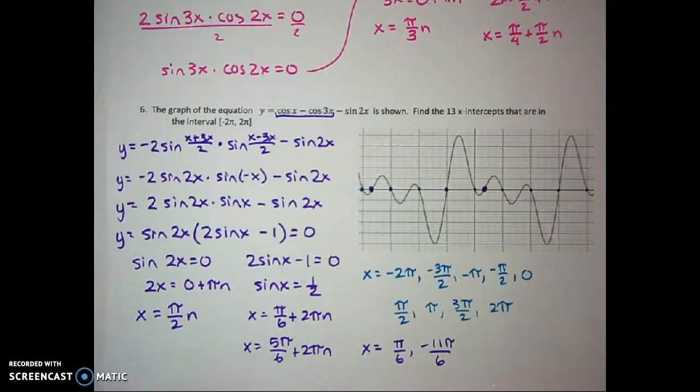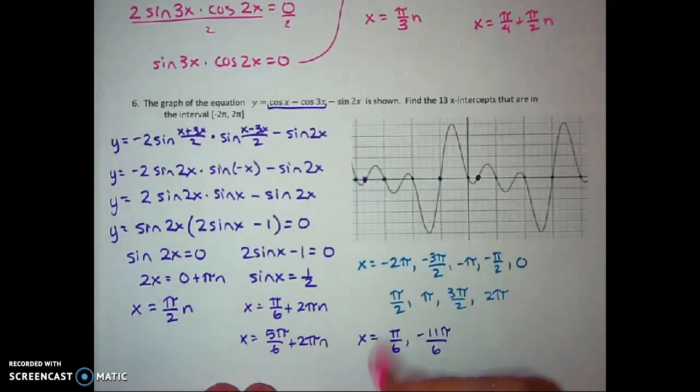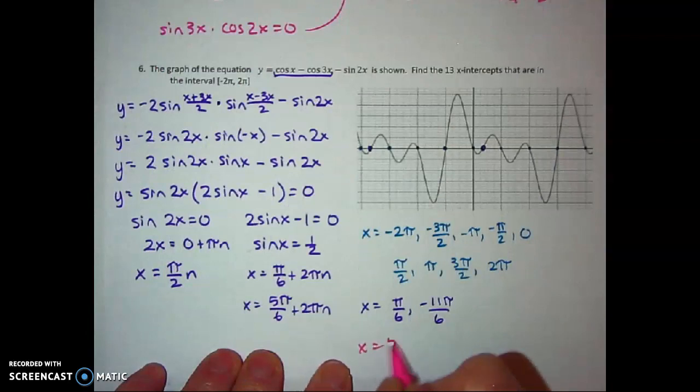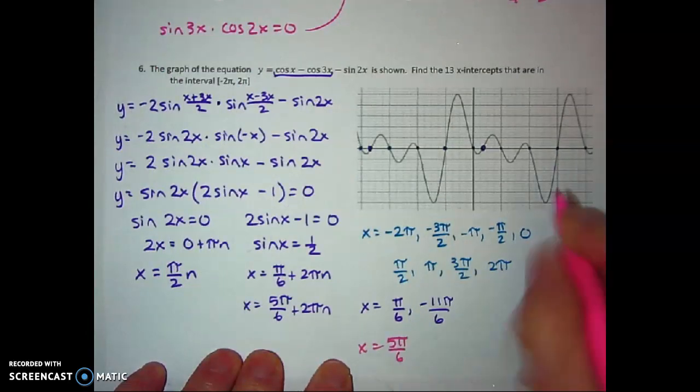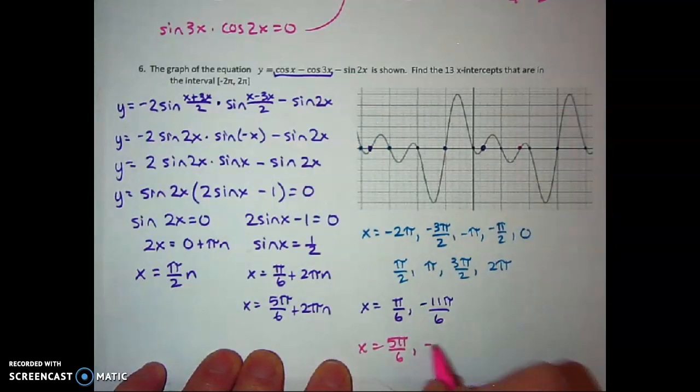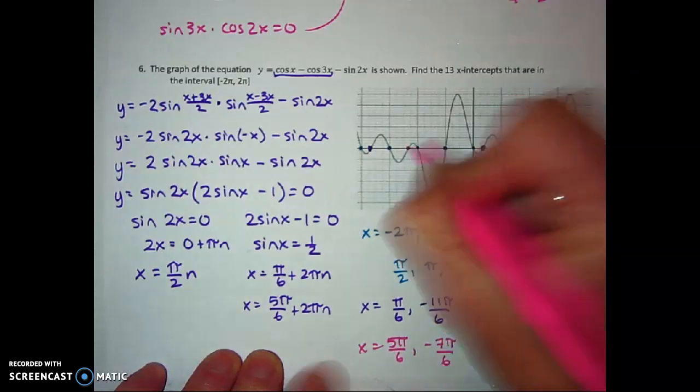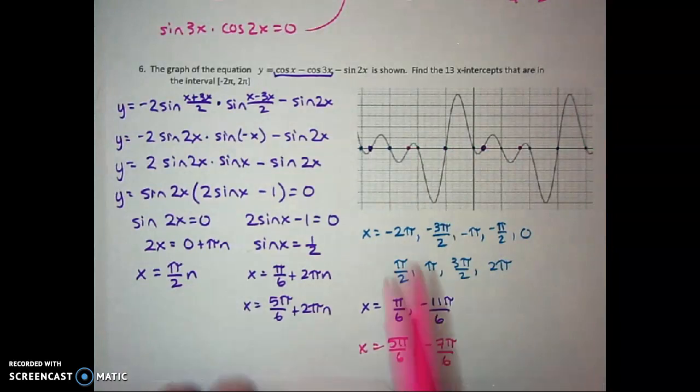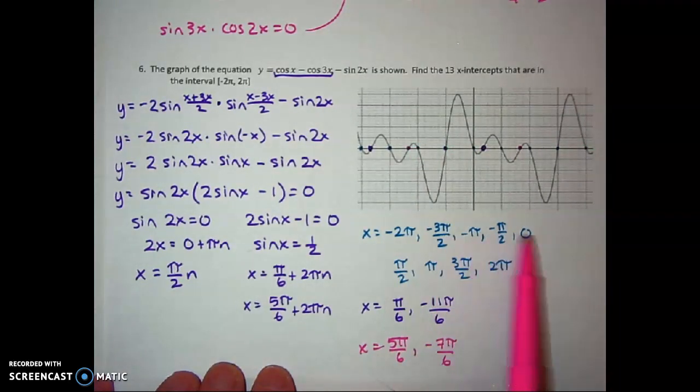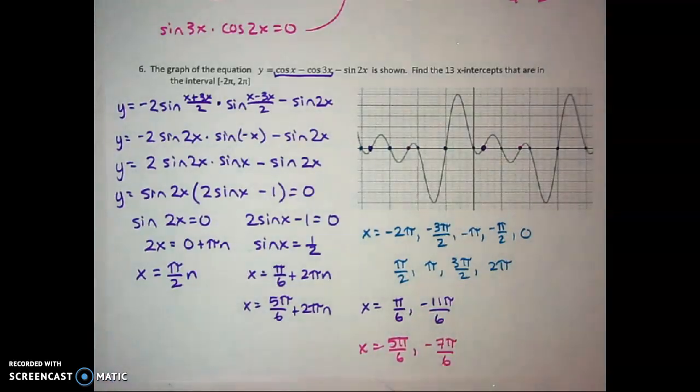And then finally, 5 pi over 6, I have that x equals 5 pi over 6. That's going to be right before pi. And if I subtract 2 pi, I'm going to get negative 7 pi over 6, so just on the other side of negative pi. And that is my 1, 2, 3, 4, 5, 6, 7, 8, 9, 10, 11, 12, 13 solutions.